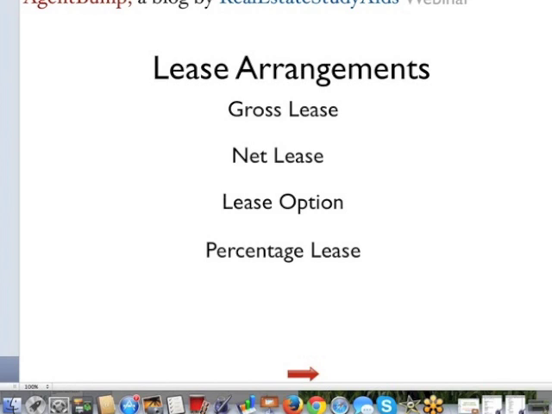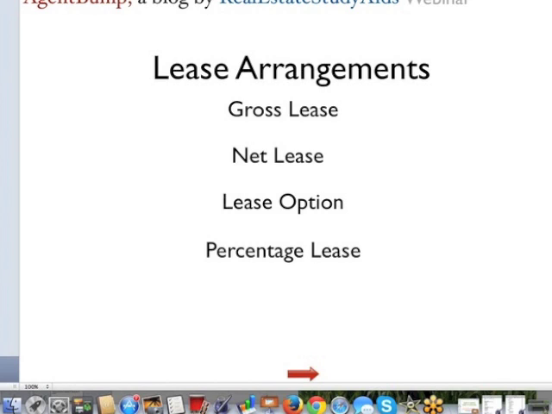Because the tenant pays the taxes and I believe the insurance and maintenance, and the rent. Right. So that's why it's called a triple net lease. Okay? Taxes, insurance, and maintenance. But really, it's just a net lease. There's no difference between a triple net lease and a net lease. It's just a net lease.